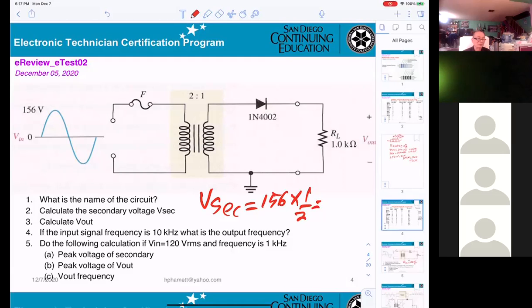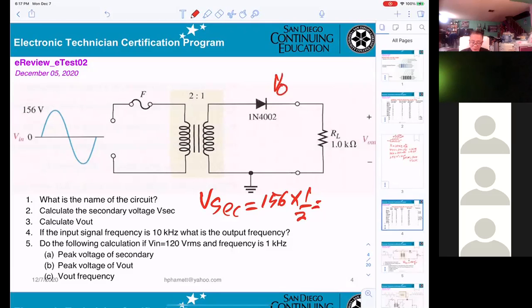And now they say, I want to calculate the V out. What do you think? You can get V out from the secondary voltage minus the voltage drop of the diode. Perfect.